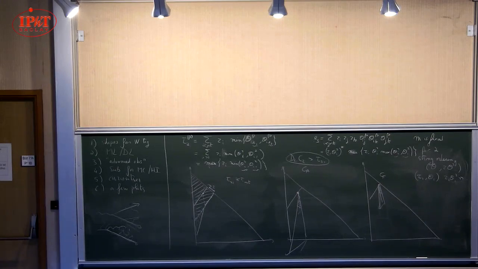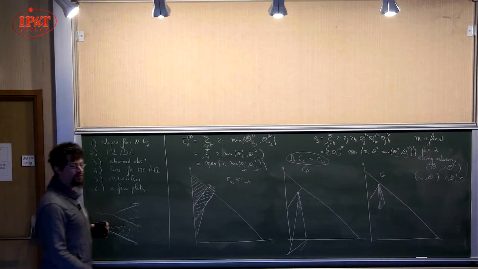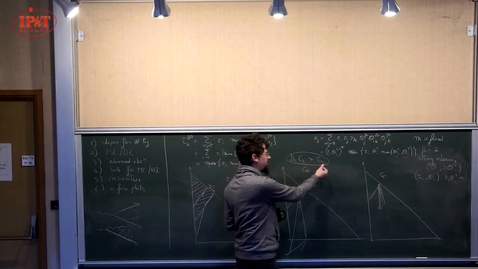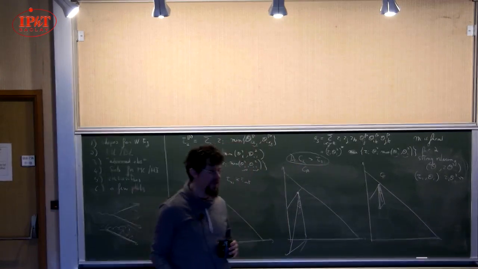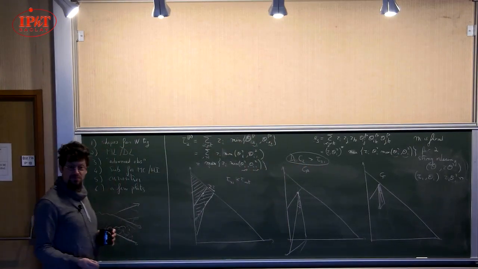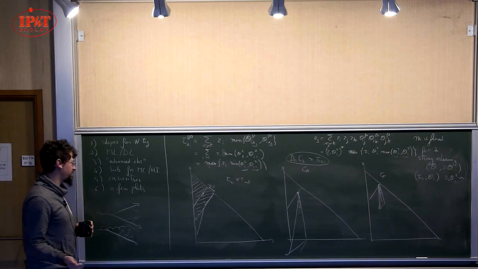It's also a perfect reminder of something we've said many times, which is that there's a trade-off between performance, in this case D2 is better than tau2-1, and resilience against soft and large angle non-perturbative effects, for example.